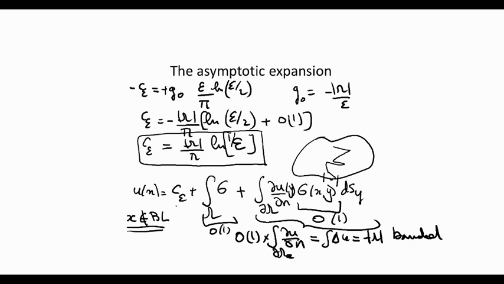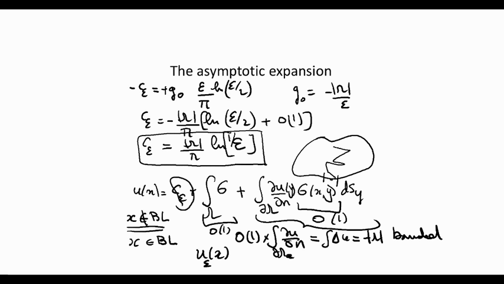So this is really the leading order term. Now if x is in the boundary layer, then what we just discussed is incorrect, and the behavior of u of x actually depends on x at leading order.